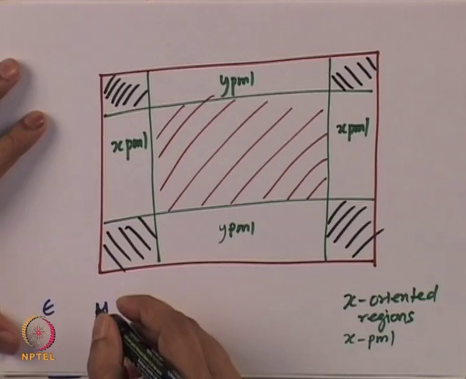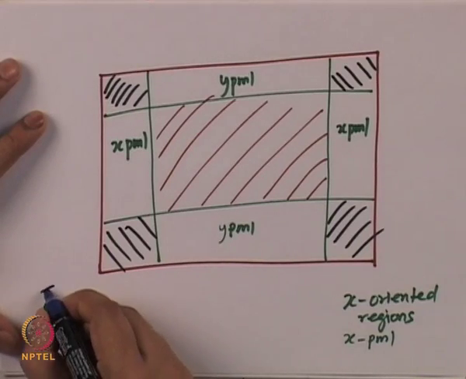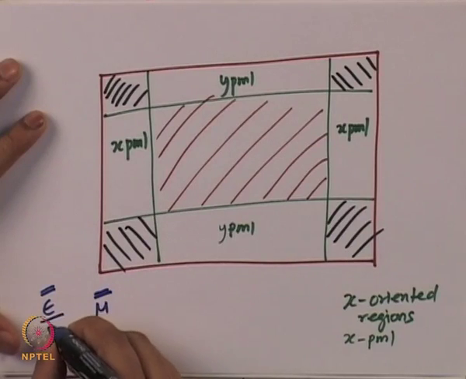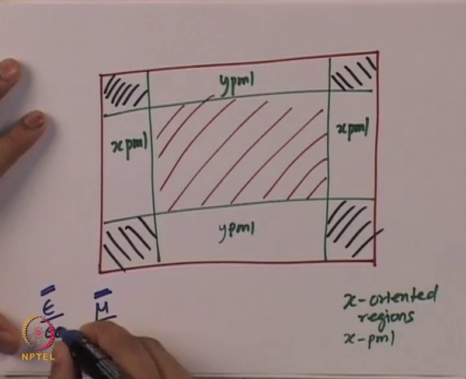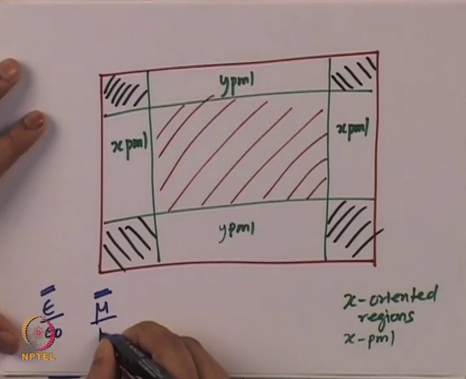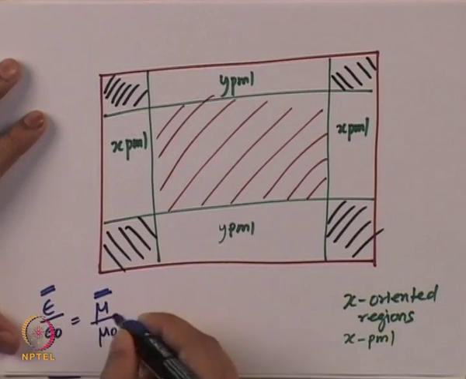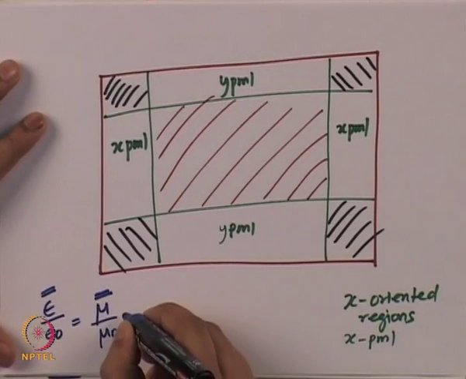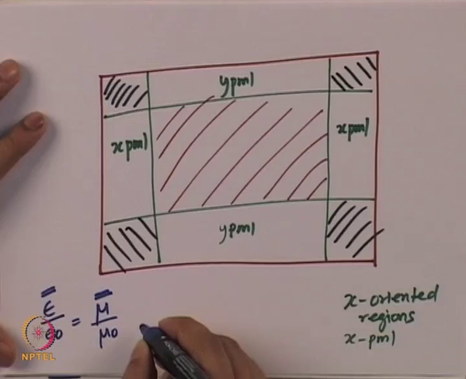They are a tensor because the relative permittivity, which is given by epsilon divided by epsilon naught, and mu divided by mu naught, is going to be a complex tensor also. So these are the relative permittivity and relative permeability.